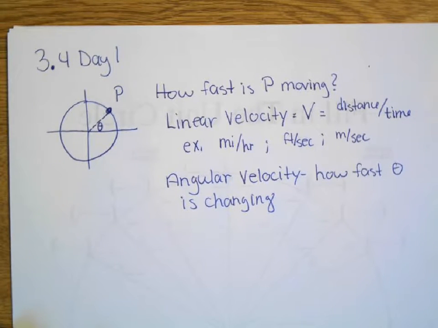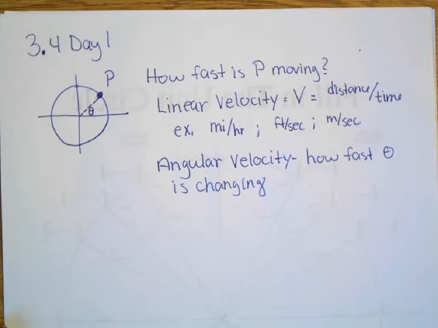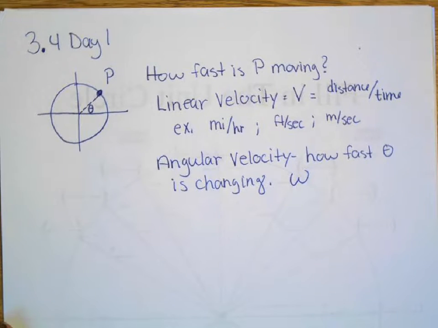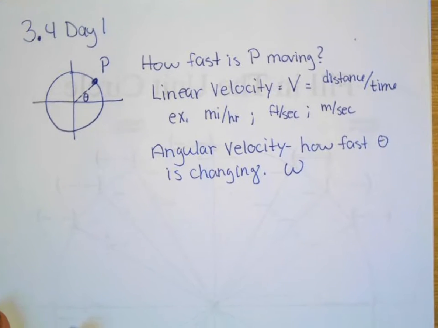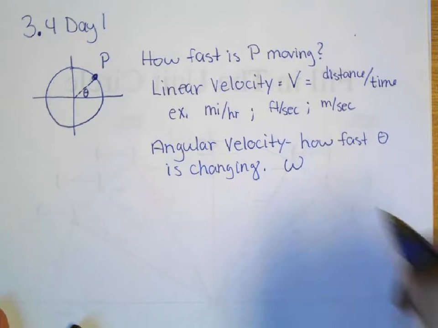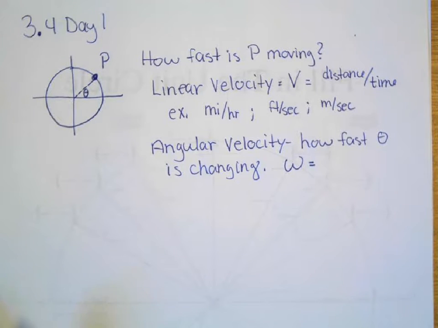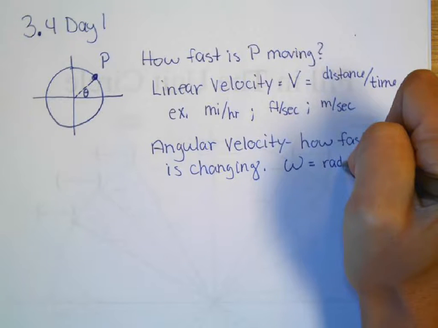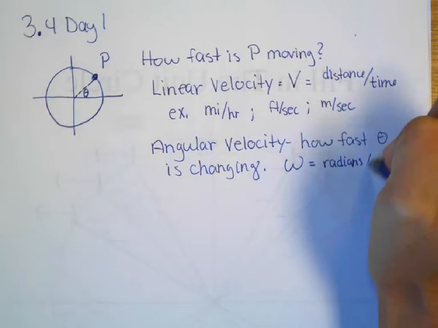The symbol or letter that they use for angular velocity is a Greek letter, omega, your W. Your units for this are going to be, because we're talking radians here, radians over time.